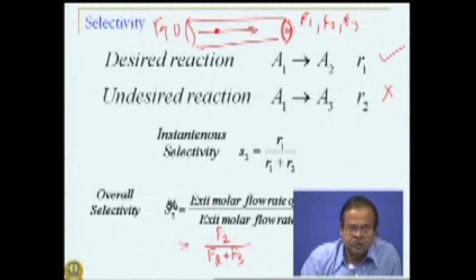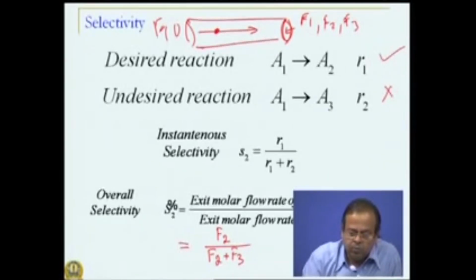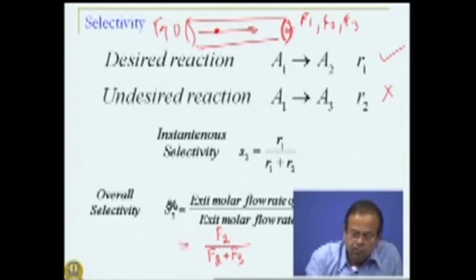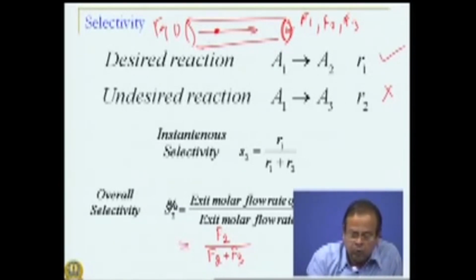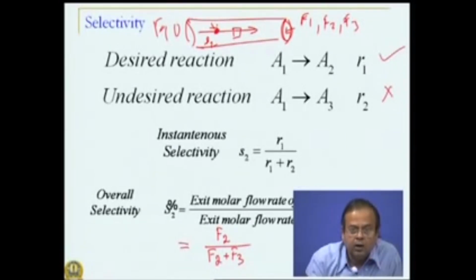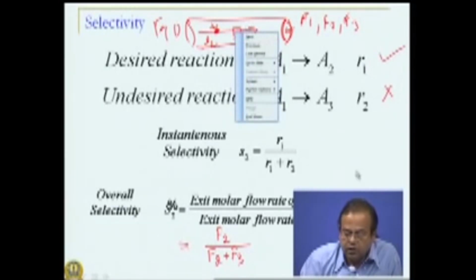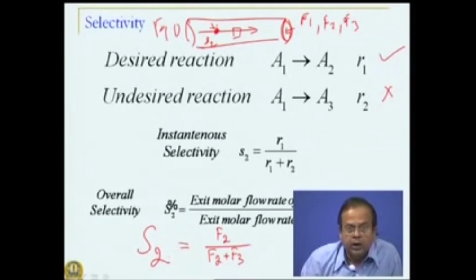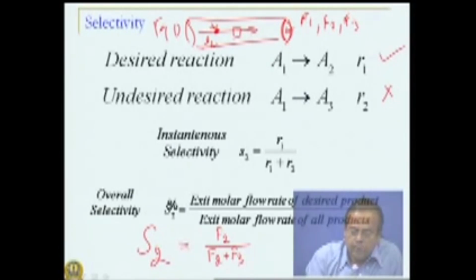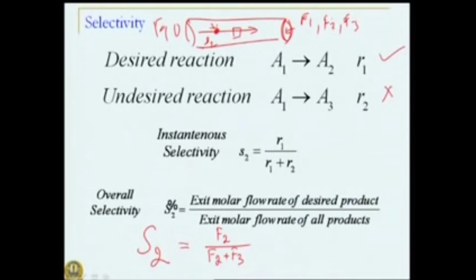And why do we call this instantaneous? Because this selectivity will depend on what is the concentration here. So, this particular value small s2 will be some value at this location, but will be a different value at some other location. In other words, this is not a fixed or overall value, whereas this selectivity capital S2 is the overall value, that is what is coming out.